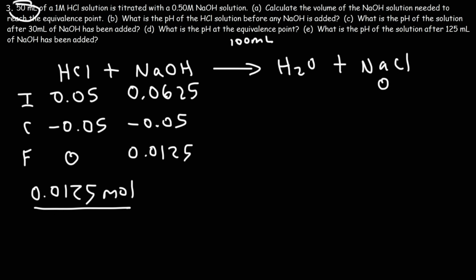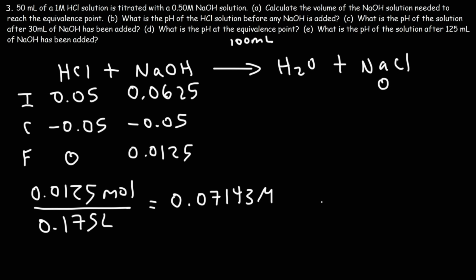So we mixed 50 milliliters of acid with 125 milliliters of base. Therefore, the total volume of the solution is 175 milliliters. And we need to convert that to liters. If we divide 175 by 1,000, that's going to be 0.175 liters. So that gives us a concentration of 0.07143 M. That's the concentration of hydroxide.